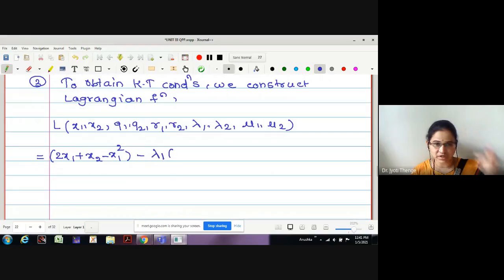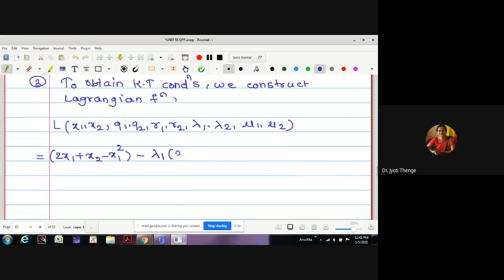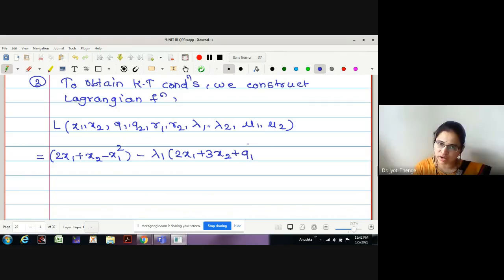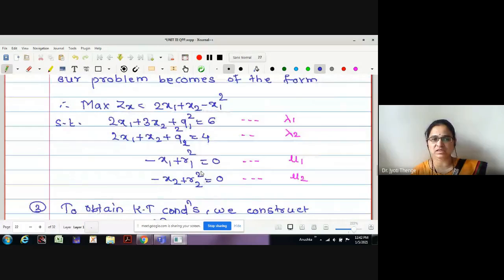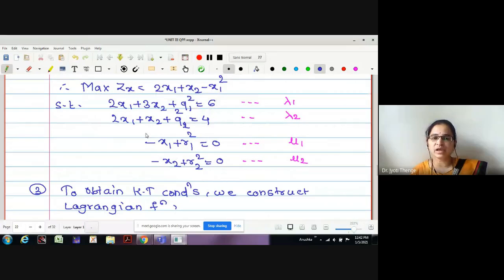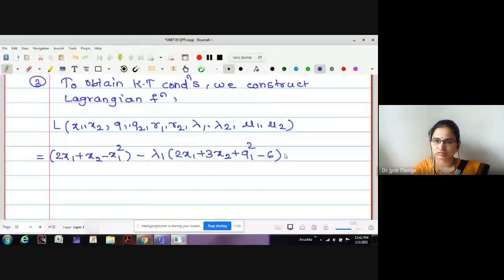Therefore, lambda 1 into, what is the first constraint? 2x1 plus 3x2 plus q1 square minus 6. Second, lambda 2 into 2x1 plus x2 plus q2 square minus 4.